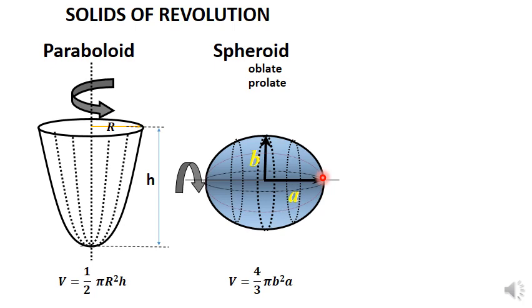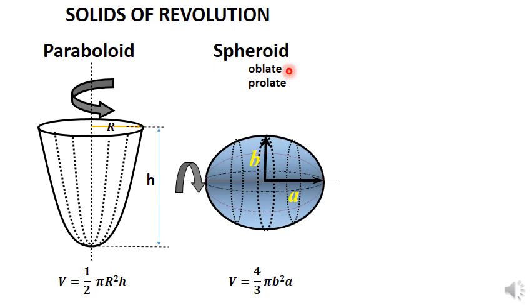Now, if this ellipse is revolved about one of its axes, it will generate a solid. What kind of solid? It may be called an oblate or a prolate spheroid. The spheroid that is generated is called oblate if after revolution the solid is an oblong solid.